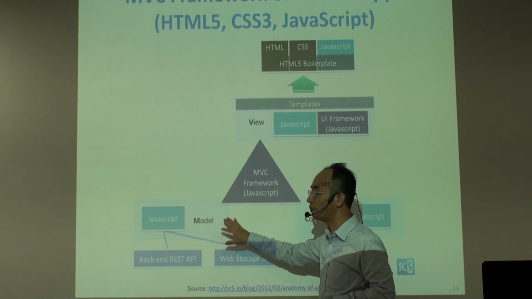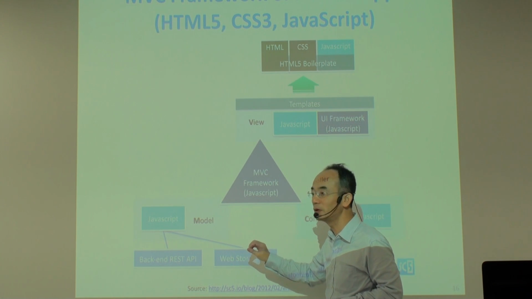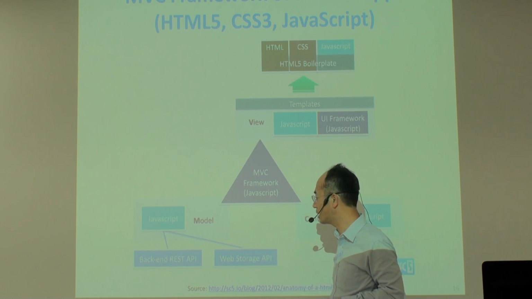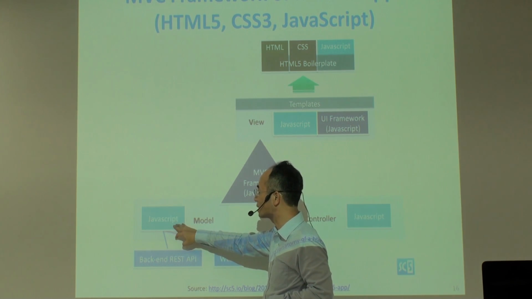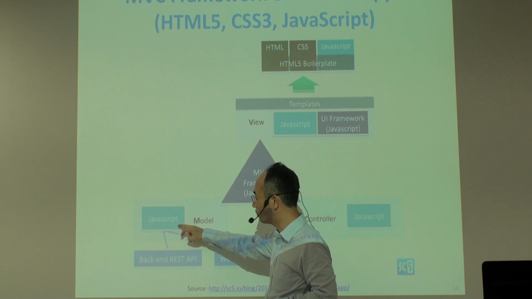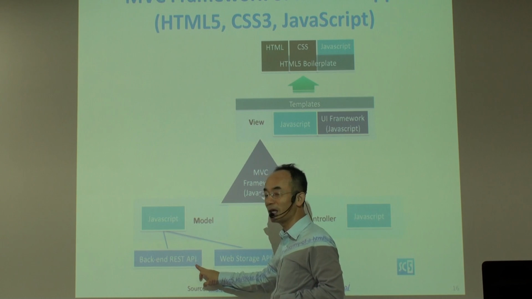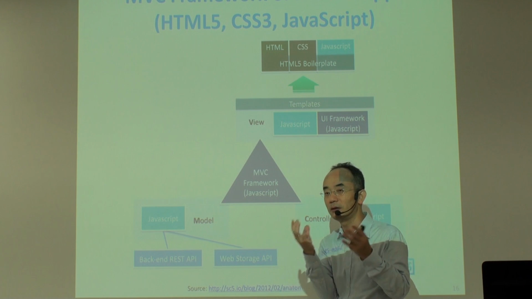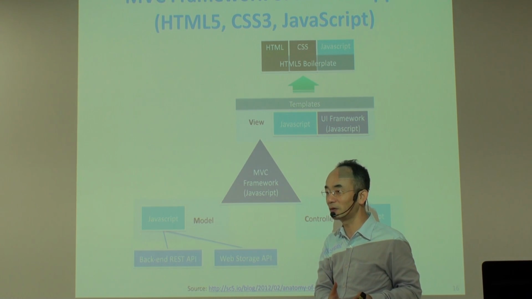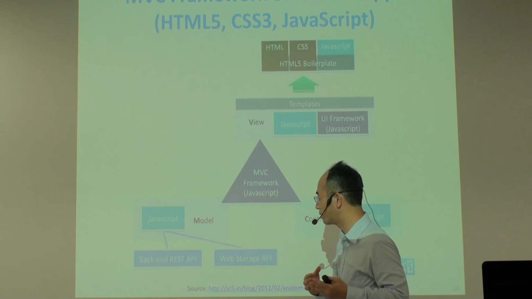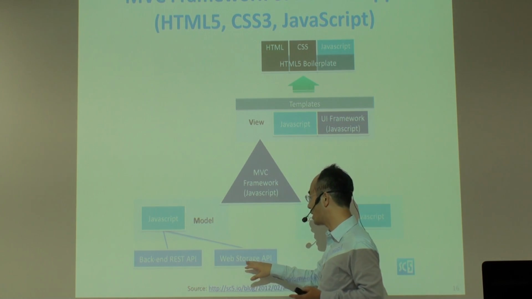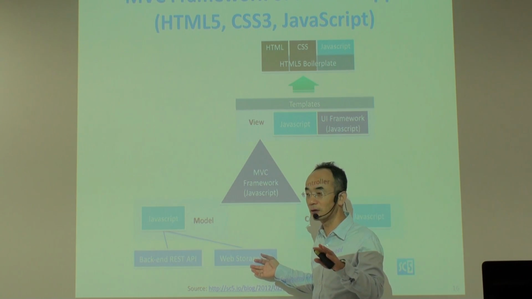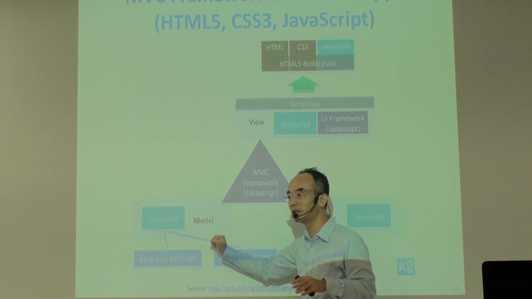For the model, meaning that you connect to your data or your database or your external data, you will be using JavaScript, meaning that you will be using backend RESTful API.js to connect to the backend server, backend database server, or NoSQL server. So this is the backend RESTful API, and here is the web storage API, also connected to storage in the cloud. So here is your model connected to your data.